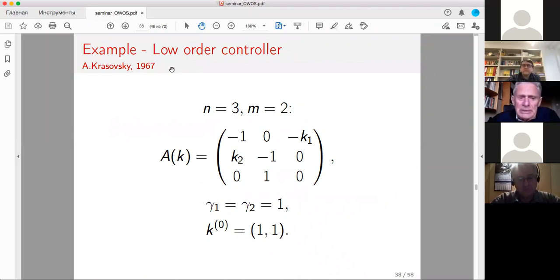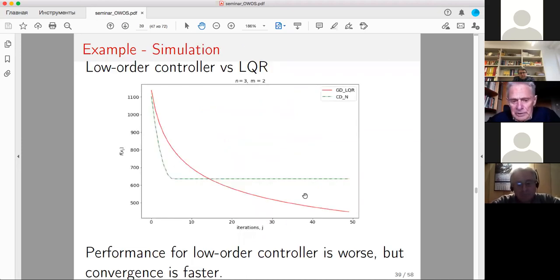Here is the example of lower controls. It's funny that this example was analyzed in 1967 by Alexander Krasovsky. So we have a 3x3 matrix, and we have two parameters here. And we want to adjust them to minimize the quadratic function. And here, this green line is the convergence of the gradient method for this two-parameter case.